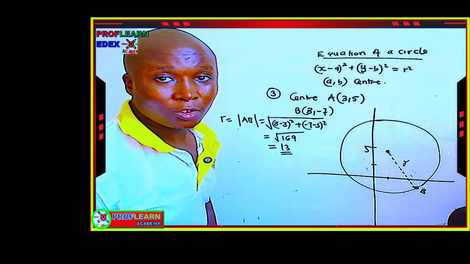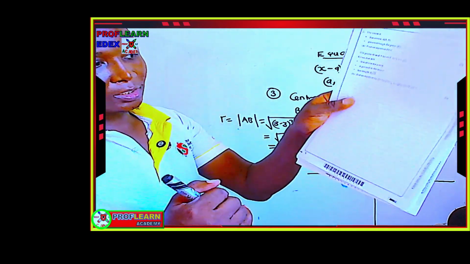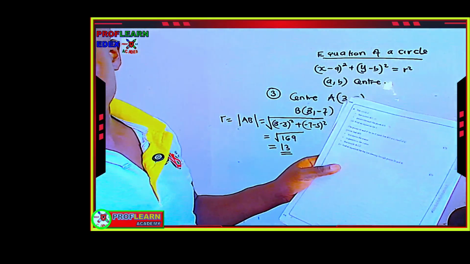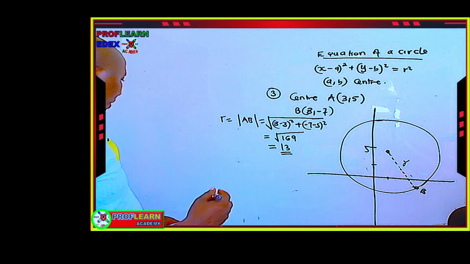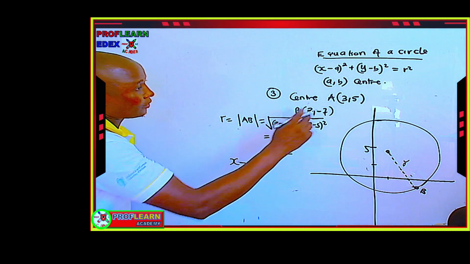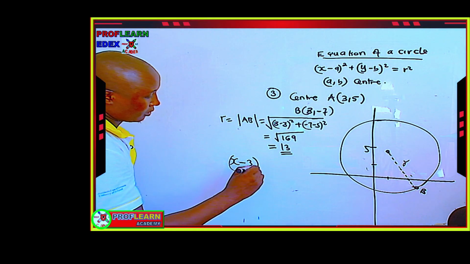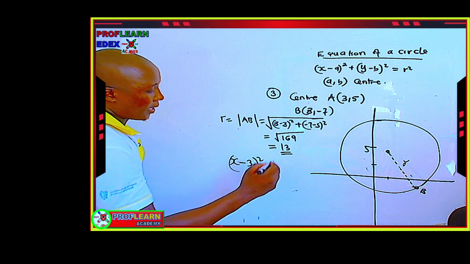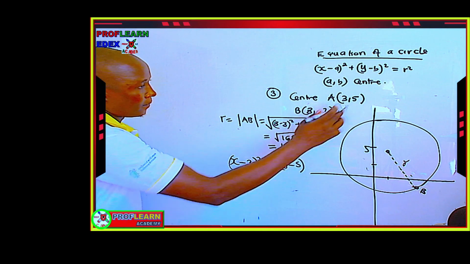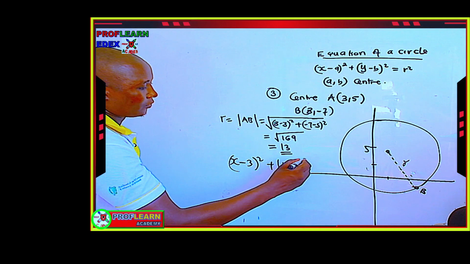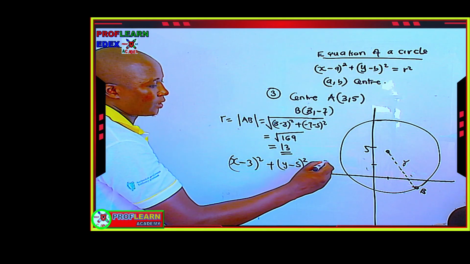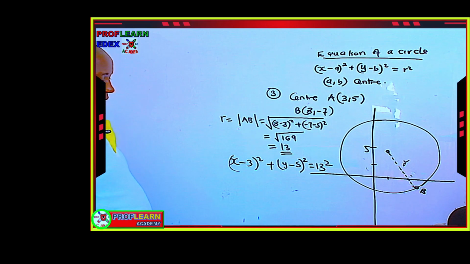Now, once you have gotten the radius of the circle, the next question that we are supposed to work out here is to find the equation of the circle, of course, which will mean that the equation of the circle is going to be x minus the value of A, which is 3 squared, plus y minus the value of y here, which is 5 squared, is equal to the square of the radius.